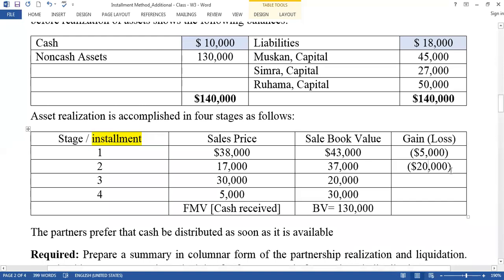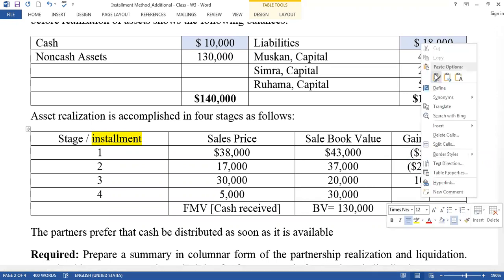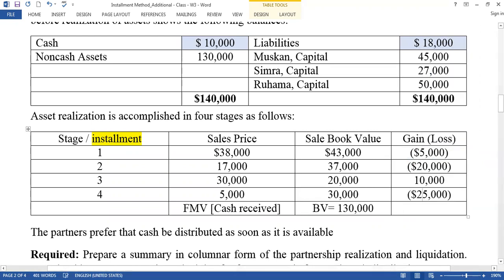What about the third installment? We have a $10,000 gain. Within brackets it is a loss, as I mentioned here. And in the last sale, we have a $25,000 loss. So sometimes we have a loss, sometimes a gain, again a loss. These are the schedule of when we are going to sell our assets, the book value, and the cash received from the market.